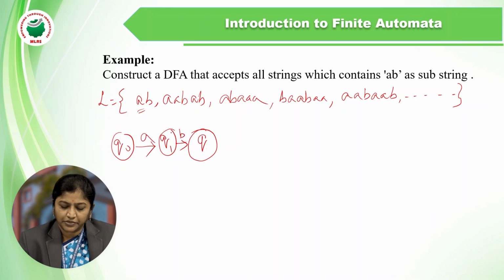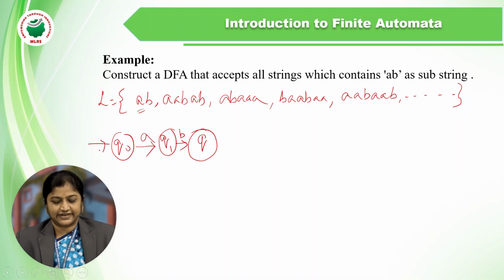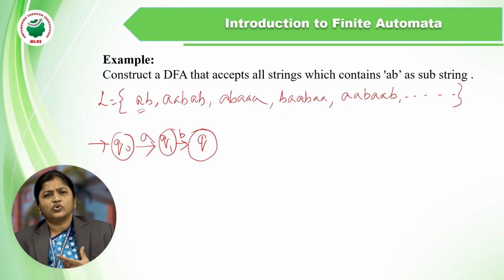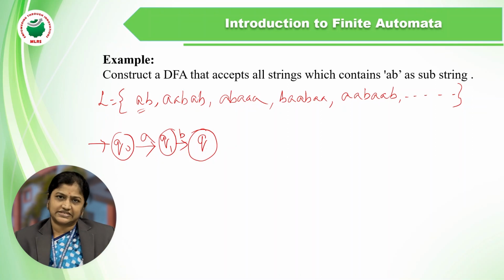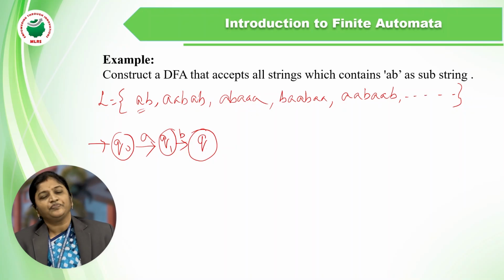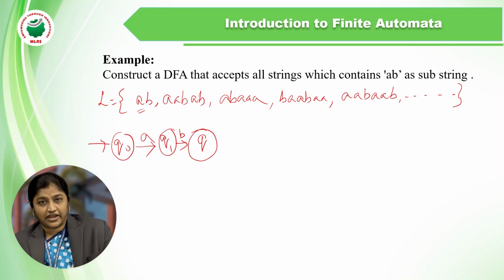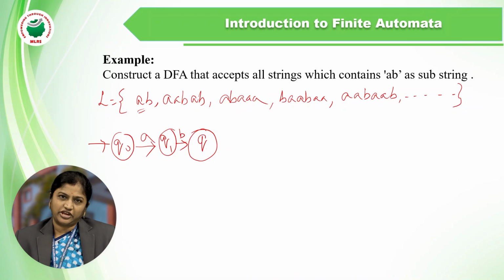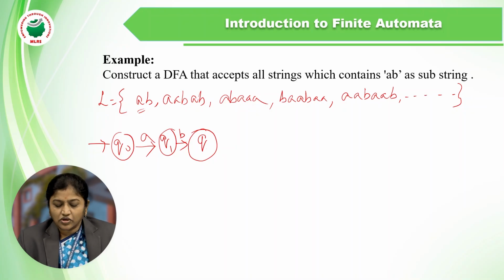A, B. This is the start state. What they said is substring, so AB can be anywhere. Either it can start with AB, or in the middle it can be AB, or at the end it can be AB. Remaining all, however many A's or B's come, it can come. So how to draw now?